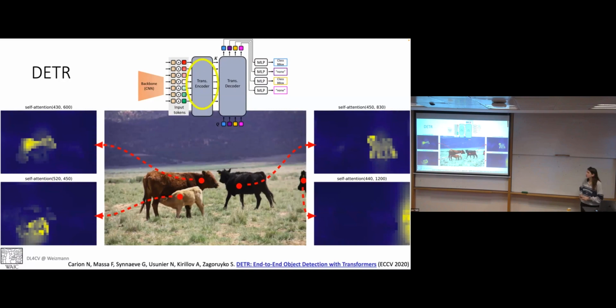And what is visualized here is, for each one of the red dots, the attention map of, for this dot, what is the attention according to all of the image, right? So you can see that this patch attends to patches around it of the skull, and say for this thing and for this little cow here.